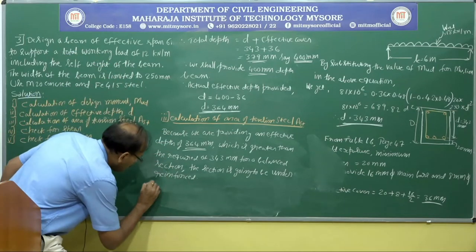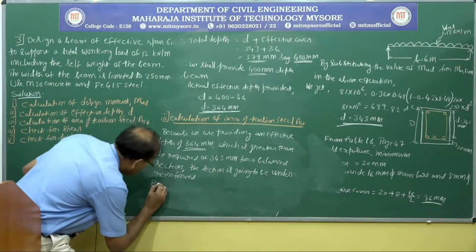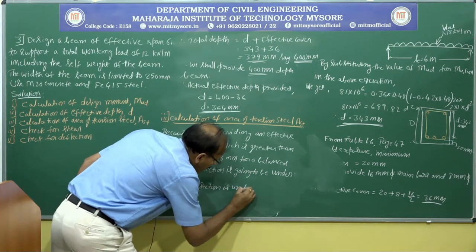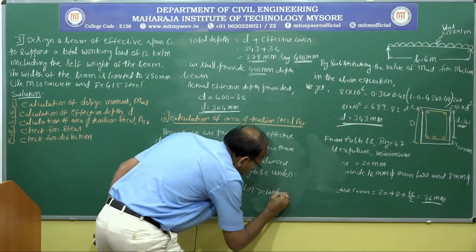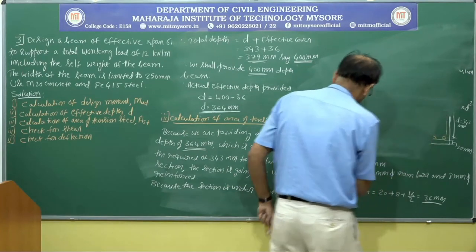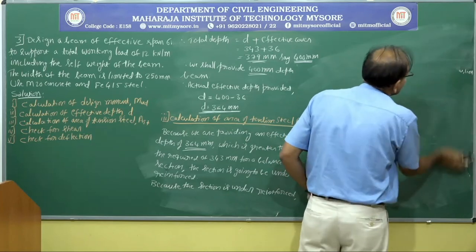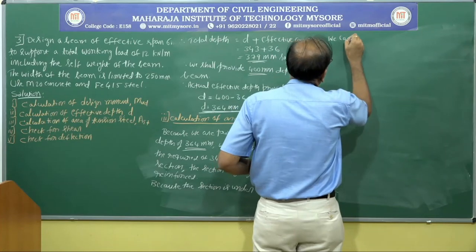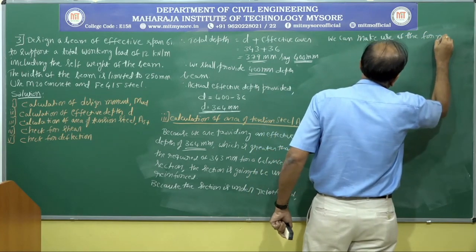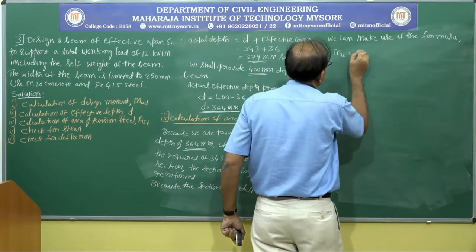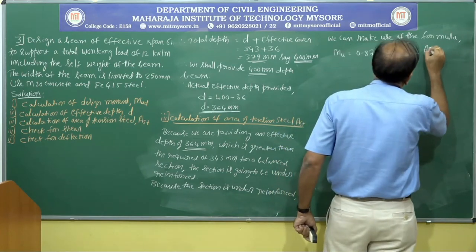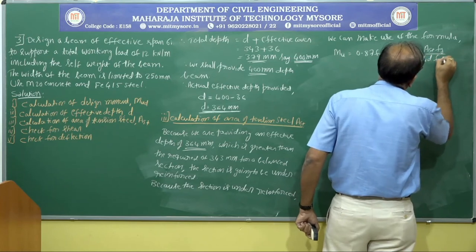Because the section is under reinforced, we can make use of the formula Mu equal to 0.87 Fy Ast d times 1 minus Ast Fy divided by b d fck.